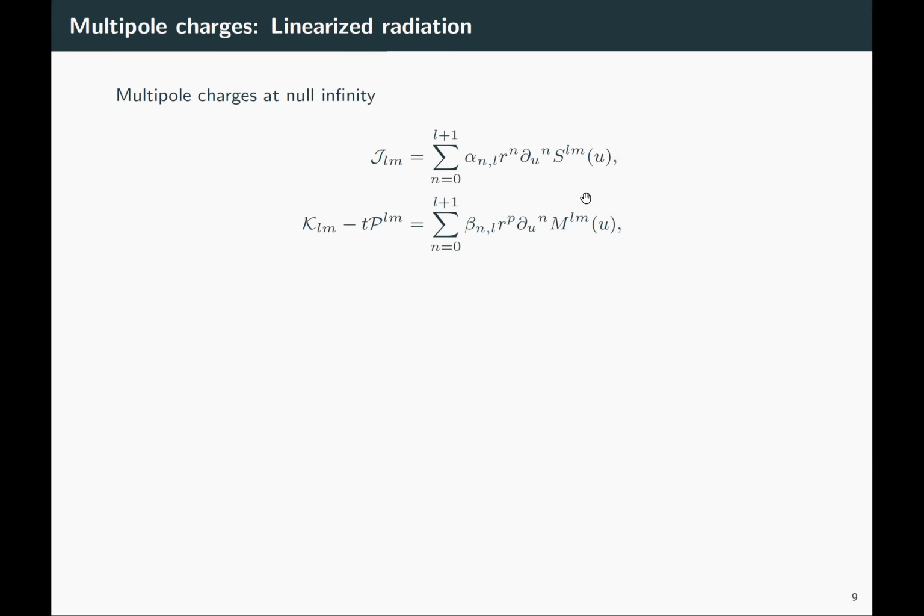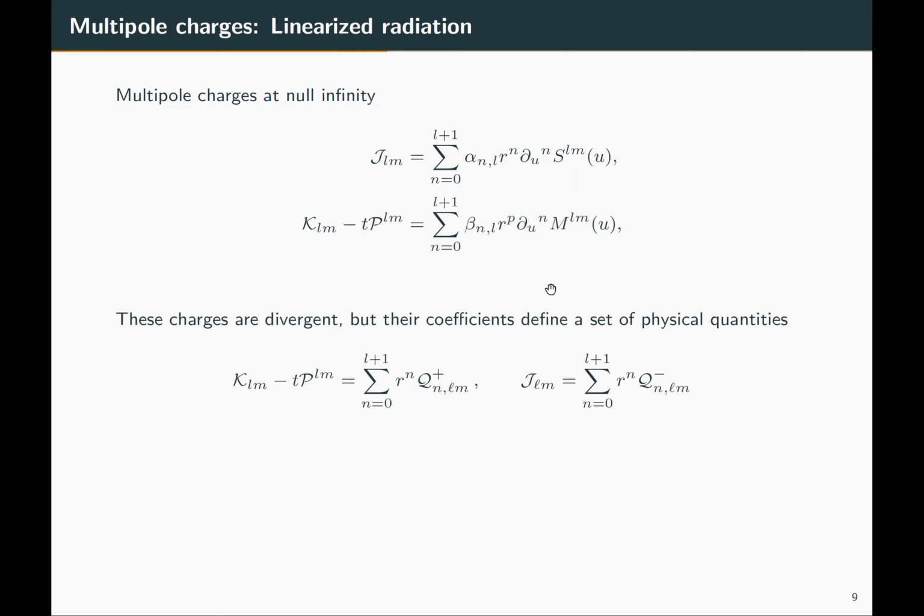But then recently, inspired by recent works about higher spin charges and so on, we realized that one should think of these coefficients in this polynomial as independent physical quantities. So let me define these coefficients as Q n L m, where n refers to the number of derivatives and L m are the labels of the harmonics. So we have Q plus, which corresponds to this one, and Q minus, which corresponds to that one.